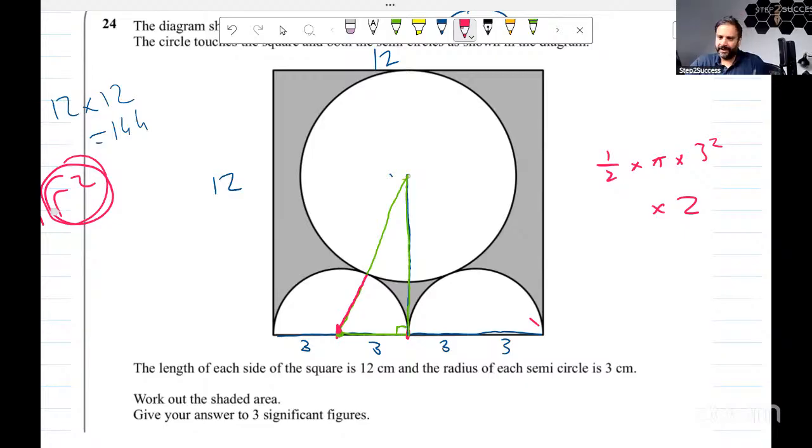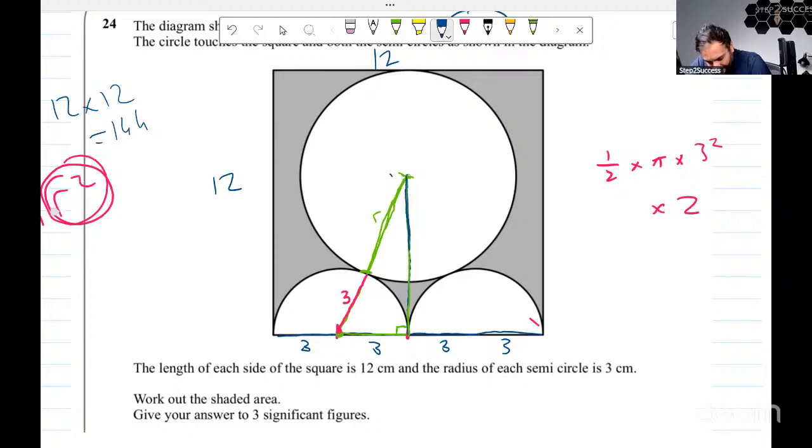Remember, it's 3 from the middle anywhere around it. So this bit is 3. And then I'm going to call this bit R, as in the radius of that circle, because that's what it is, right? From here to here is the radius of that big circle.